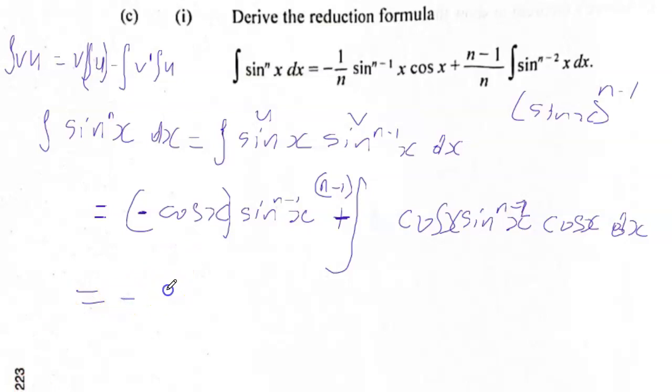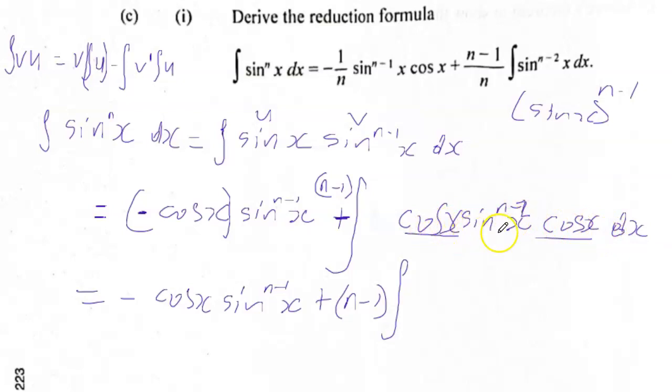So what we have here is minus cos x sine x to the power n minus 1 plus n minus 1 out here, times the integral of sine x to the power n minus 2 times cos square.